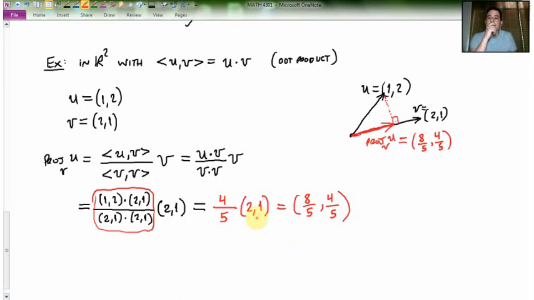Okay, so this is a simple example in R2. Let's look at another vector space. Let's say C from 0 to 1.